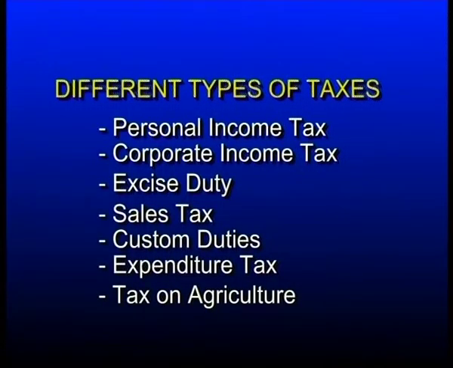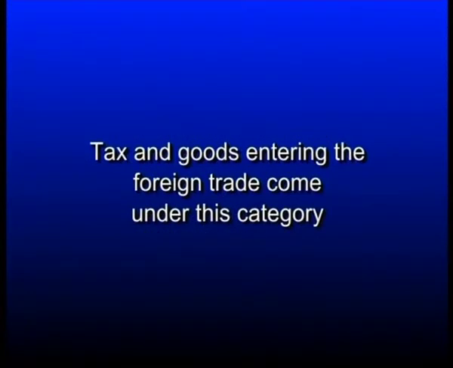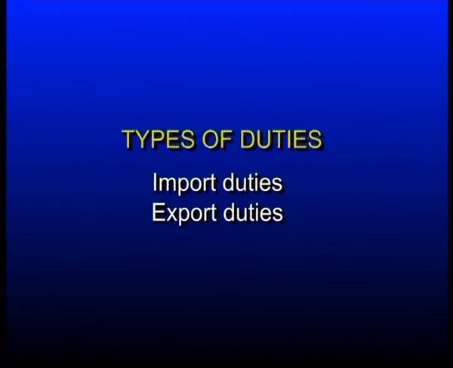Another type of indirect tax is the custom duties. Tax on goods entering foreign trade comes under this category. The two types of duties are import duties and export duties. Custom duties are an important source of tax revenue, especially the import duties.